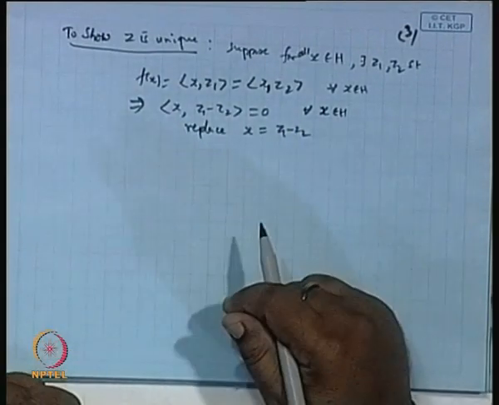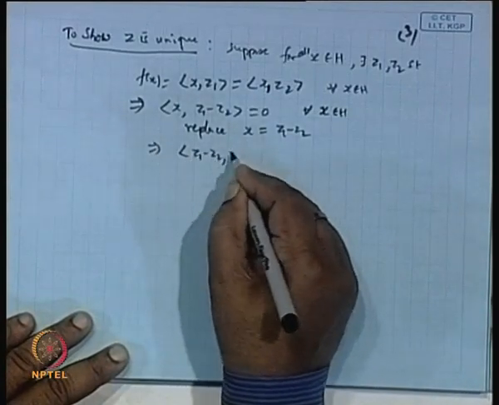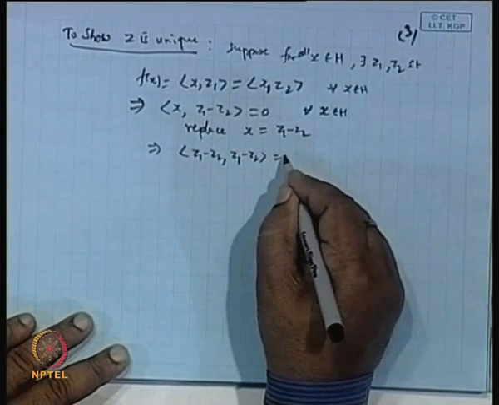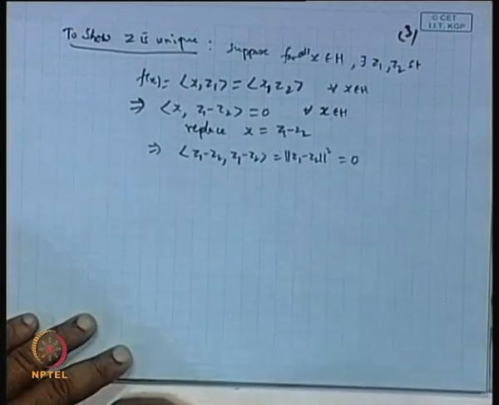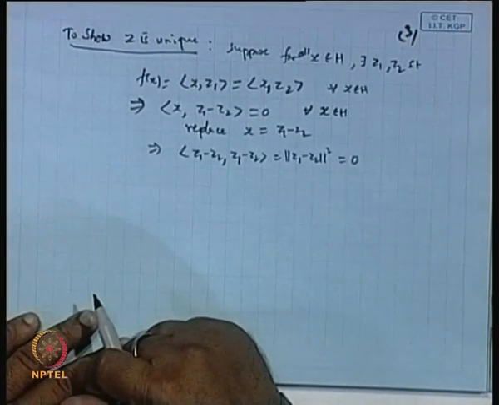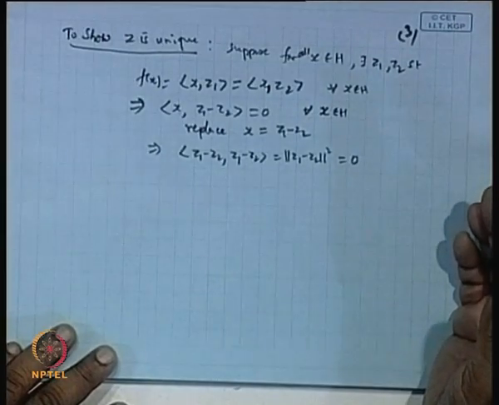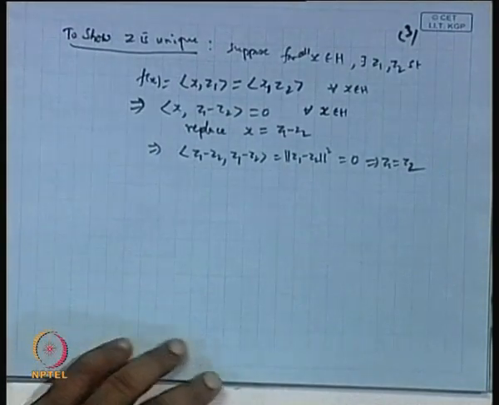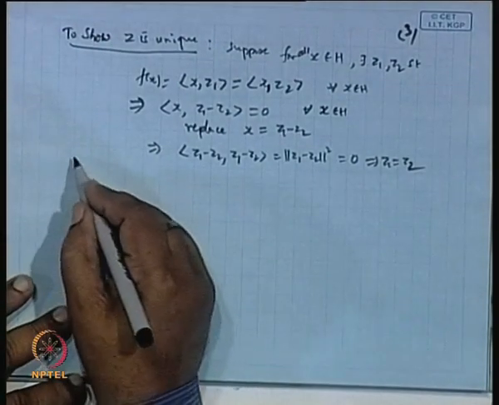We can choose. So this becomes the inner product of z1 minus z2, z1 minus z2, that is equal to norm of z1 minus z2 whole square, which is 0. But the norm of anything being 0 means that point must be 0. So this implies that z1 equals z2. So uniqueness follows.